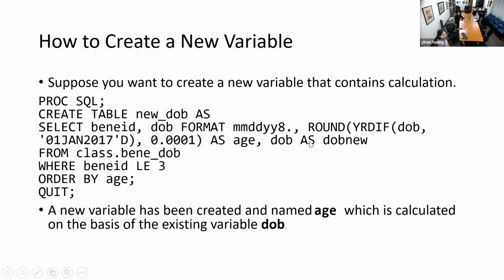And for DOB, if you want to rename it, you can also write DOB as DOB new. So it is the same as in SAS, rename DOB equals DOB new. So the AS is powerful. It's like the rename function, or the create a new variable function.